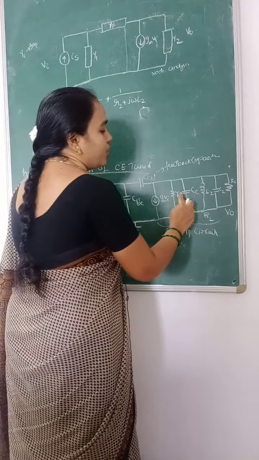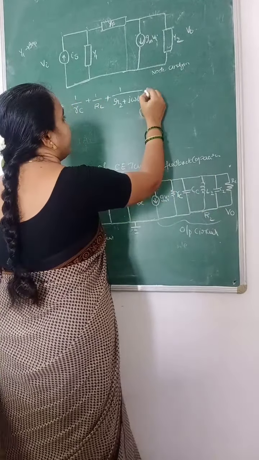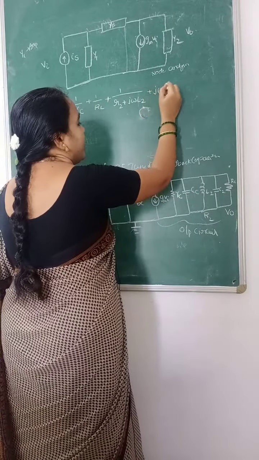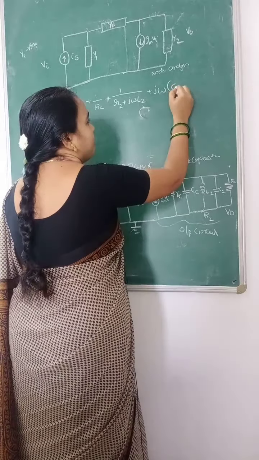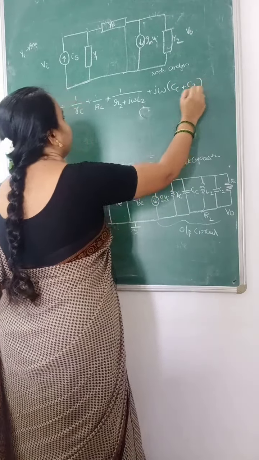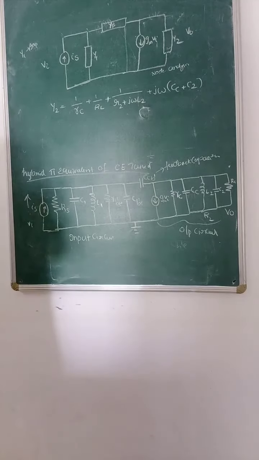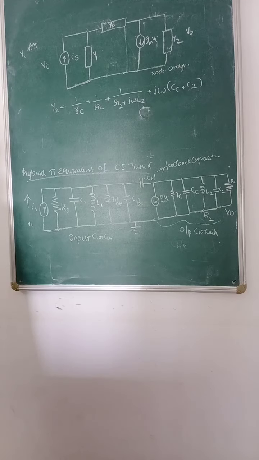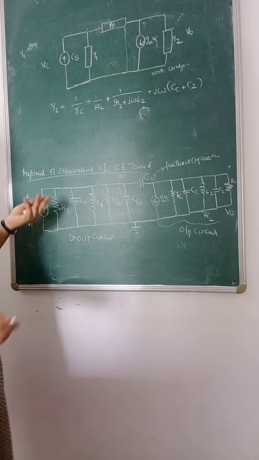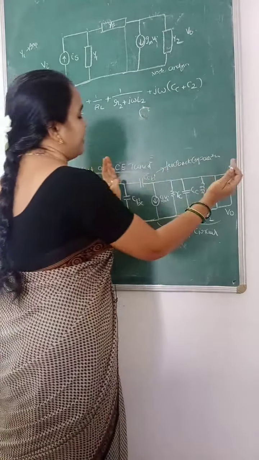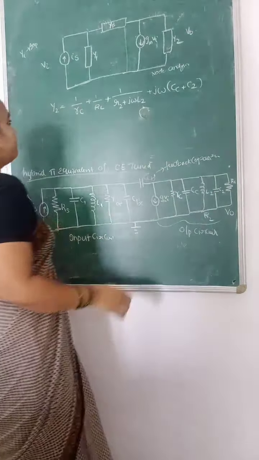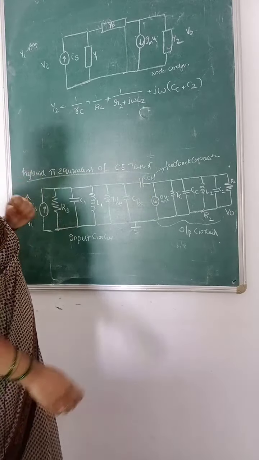So for these two capacitances, the admittance is j omega into Cc plus C2. This is the output admittance. All the resistances of the components are grouped together to form the output admittance.